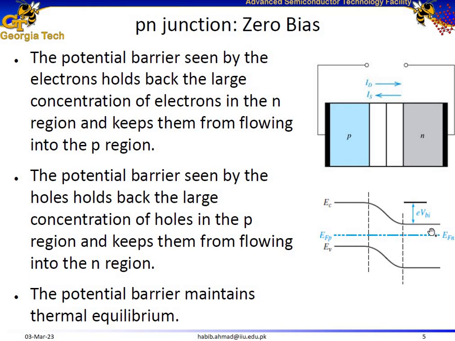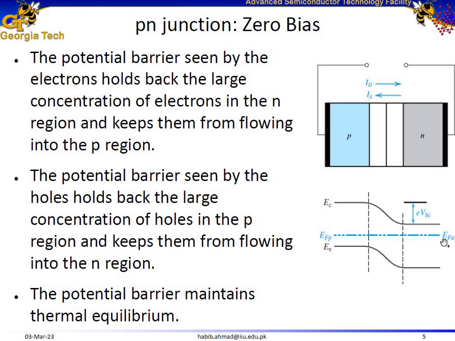Its doping might be in the range of 10 to the power of 17, 10 to the power of 18, or 10 to the power of 19 per centimeter cube. Similarly, over here, the Fermi level is close to the valence band, whereas above the valence band, which once again signifies that its doping would be below 10 to the power of 19 per centimeter cube.